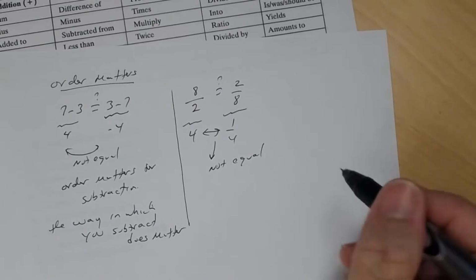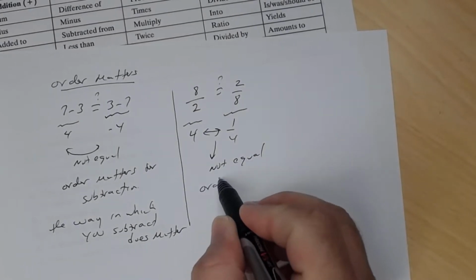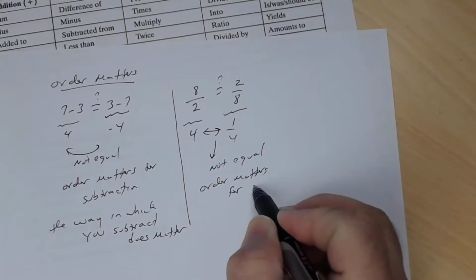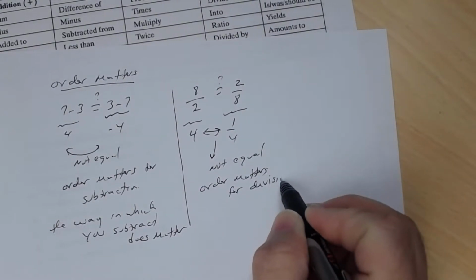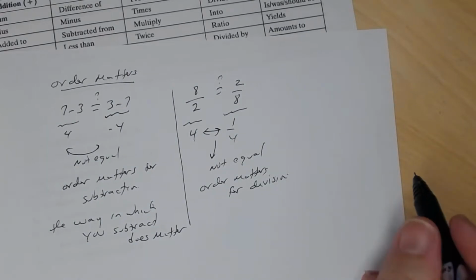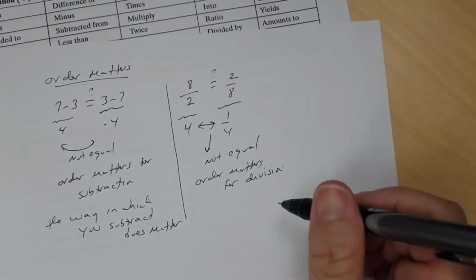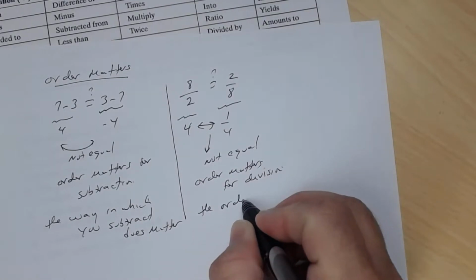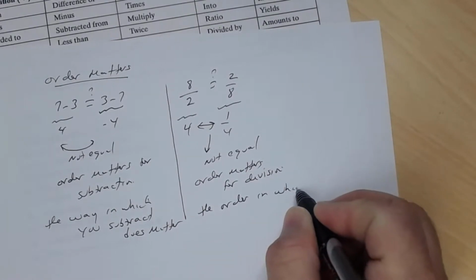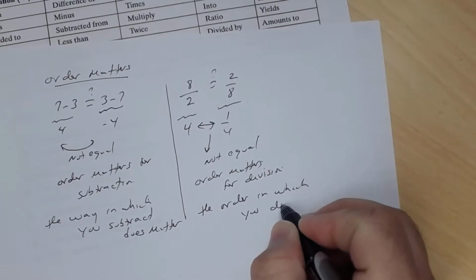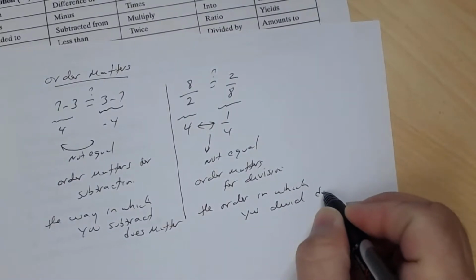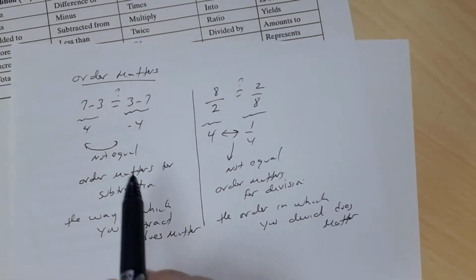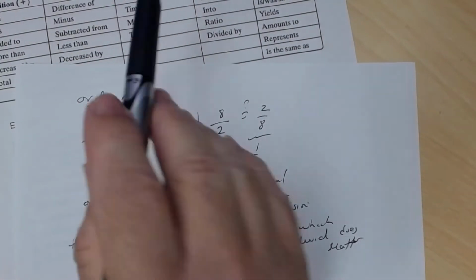Since they're not equal, what that means is that order matters for division. The order in which you divide does matter.